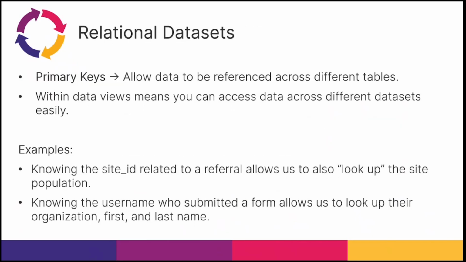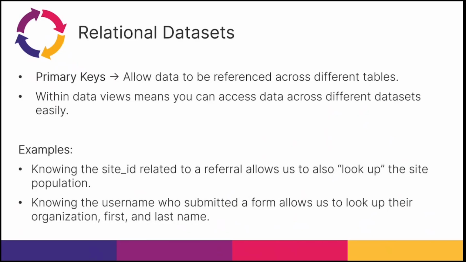Okay. Another thing you might be wondering at this stage is how, when I build a case report, I can select things like the region information, the site information, and the user profile information. Really, the magic of that is through what we call relational data sets, where because each of these data sets has primary keys, we're able to make them speak to each other.